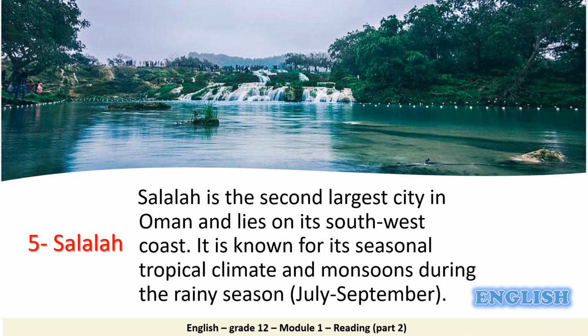Now you will learn about a really beautiful place, Salalah. It is the second largest city in Oman, and it lies on the southwest of Oman. It is popular for its tropical climate, and if you visit Salalah in the months of July to September, you will enjoy the monsoons, and the monsoons are heavy rains during the summer.